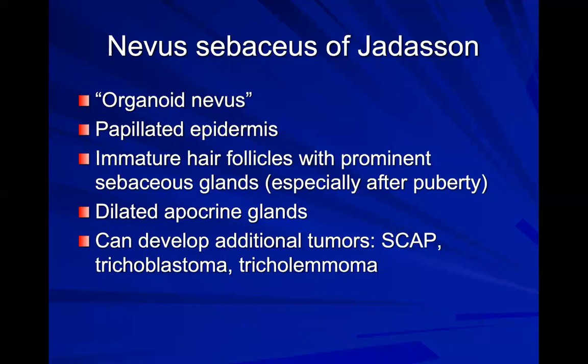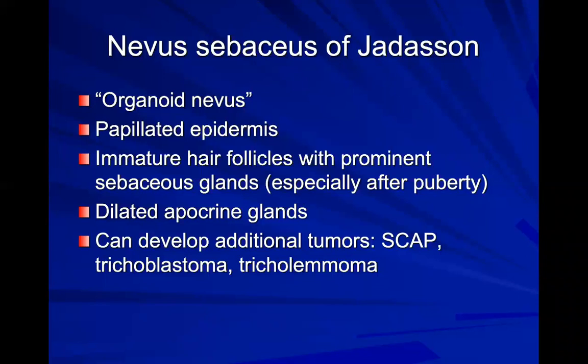A nevus sebaceous of Jadassohn I put in this section is not technically an epidermal tumor. It's more known as an organoid nevus because it's a proliferation of not just the epidermis, but the adnexal structures as well. But similarly, on top in the epidermis, you're going to see this papillation or this acanthosis. You're going to see immature follicles with prominent sebaceous glands, which will expand after puberty.